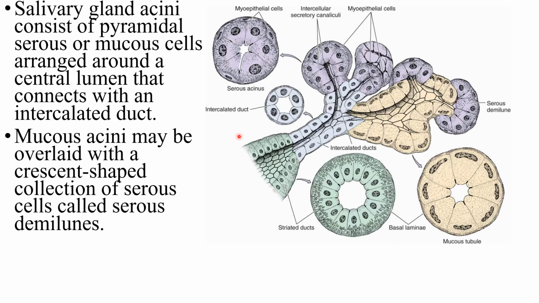The salivary acini consist of pyramidal serous or mucous cells arranged around a lumen that connects with the intercalated duct. So you can see here, this is an acinus, which has a central space called lumen, surrounded by many acinar cells which are pyramidal in shape with a characteristic conspicuous nucleus situated at the base of the cell.